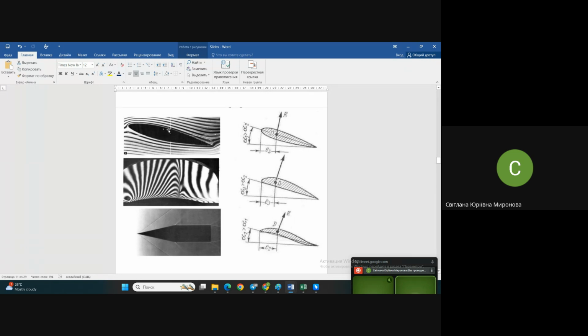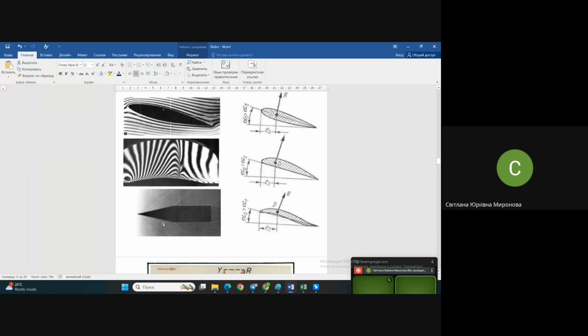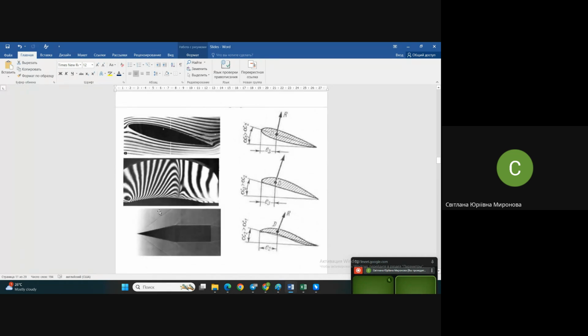Quite clear, when we have a laminar boundary layer, it's not a very high velocity here. And here, in this sharp wedge-like profile, you see the supersonic picture, typical for supersonic flow, with sharp changing of pressure in this place.